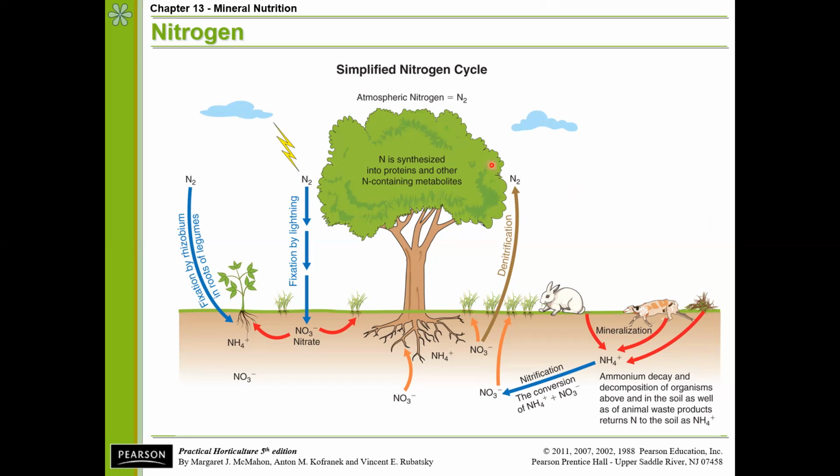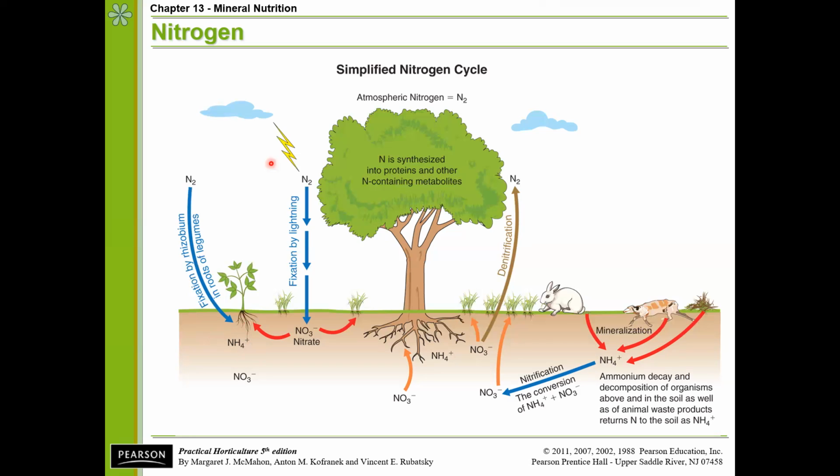And that N2 needs to be fixed so that it can become available to plants. There are a couple of different ways that happens. It can be fixed by nitrogen-fixing bacteria, rhizobium, in the roots of plants like legumes. In that case, it's taking that nitrogen and bonding it to hydrogen to form ammonium.